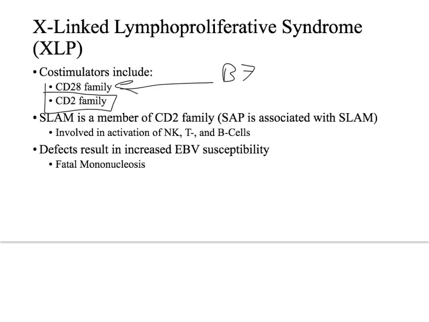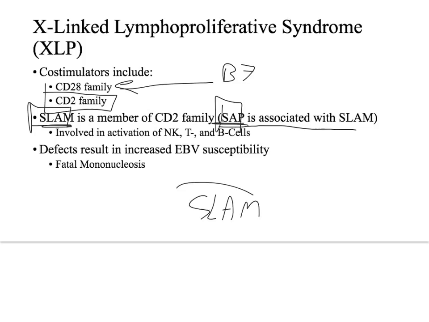And there's a subset of CD2 known as SLAM, and SLAM stands for, I'm sorry, no, I got that wrong. So you have SLAM, and you have SAP, and SAP stands for SLAM associated protein. So you got the SLAM protein, and then you've got this other protein that's associated with it, and we don't really know what to call it, so we're going to call it a SLAM associated protein.